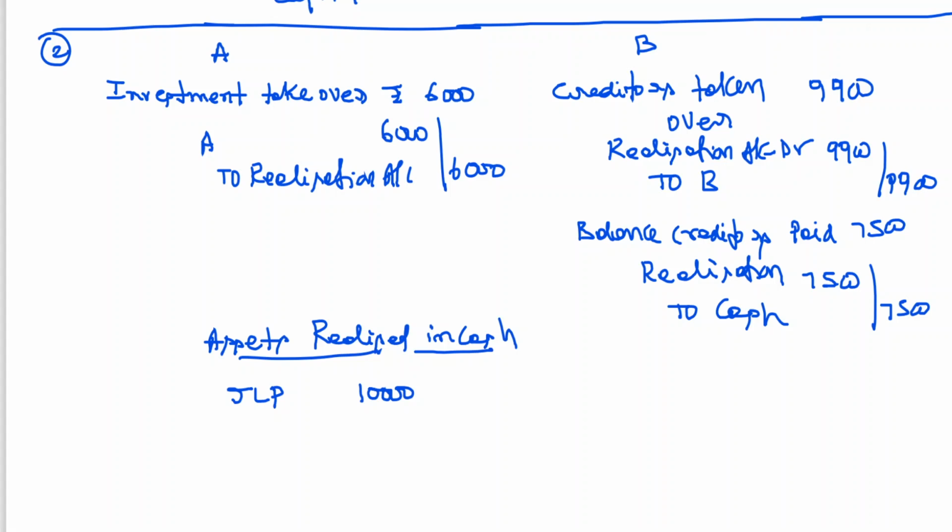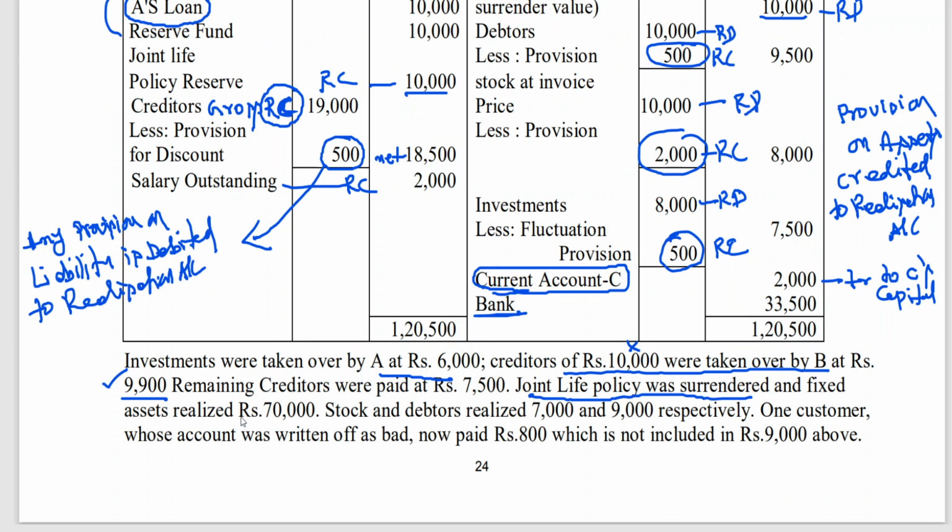Joint life policy, 10,000. So we are having a total of 5 assets, and one asset has been taken away by the partner. Joint life policy is realized for 10,000. Then next, fixed assets, realized 70,000. Stock and debtors have realized 7,000 and 9,000. So the remaining 3 assets we are having. Totally here I am writing fixed assets 70,000.